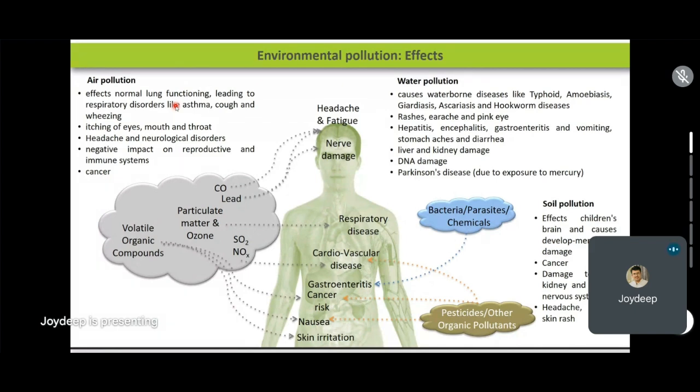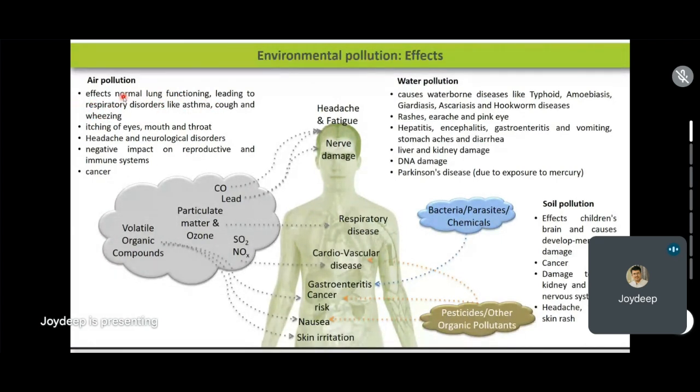And who are the end sufferers? Definitely different organisms: fishes, aquatic life forms, terrestrial life forms, plants, animals, including us as well. So for example, if we talk about the various effects of pollution, air pollution affects our normal lung functioning. It leads to respiratory disorders like asthma, and that is nothing new for us now.